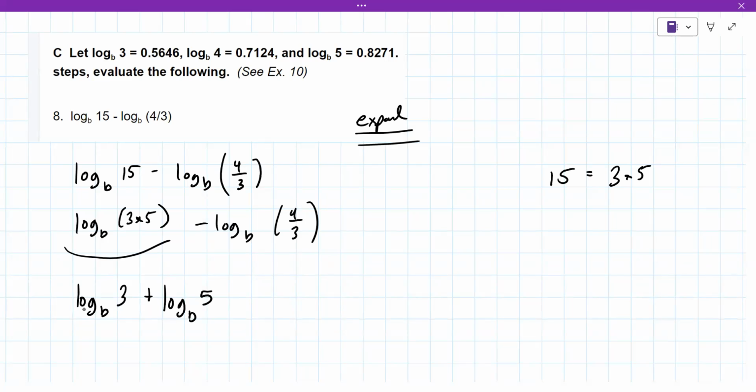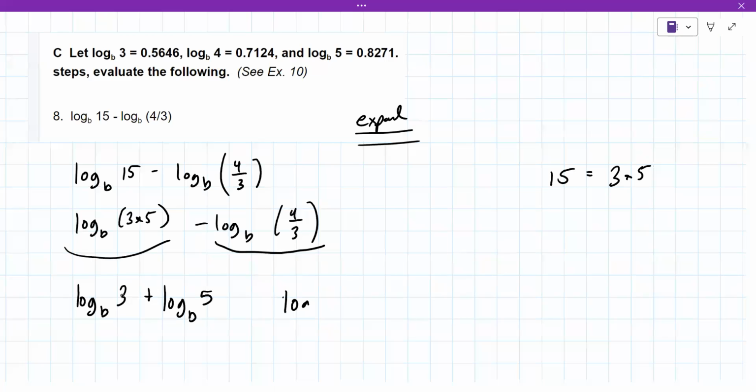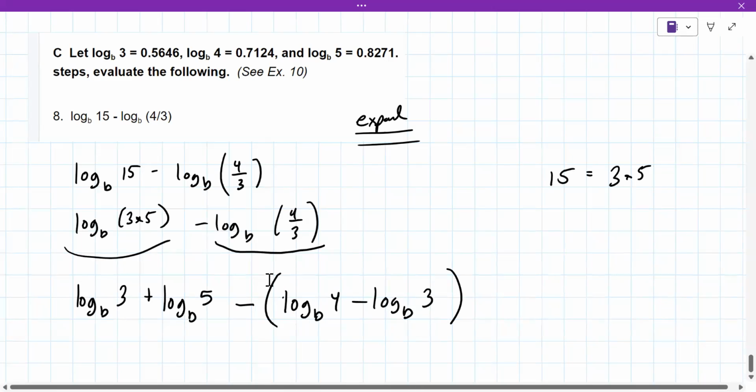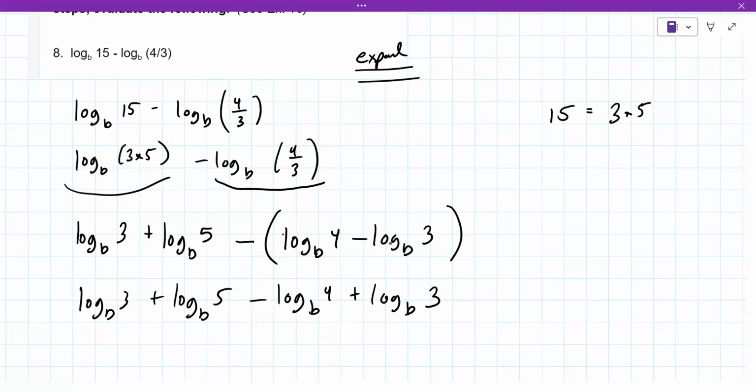Now the one on the right is a quotient. It becomes a difference. So it becomes log base b of 4 minus log base b of 3, but you're subtracting all of that. I know there are no parentheses in the previous line, but you end up subtracting whatever's in here. So this becomes log base b of 3 plus log base b of 5 minus log base b of 4 plus log base b of 3.